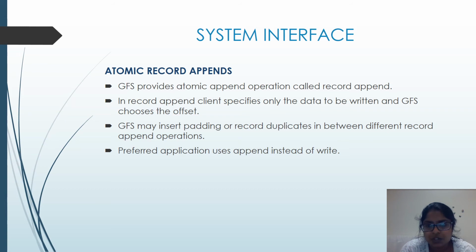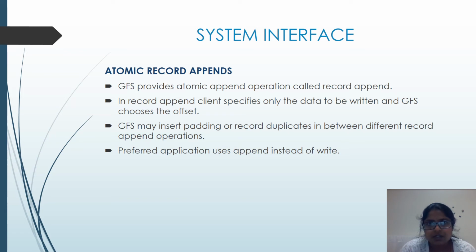Actually, the primary checks during the data appending operation whether the append is done within the regular size of a chunk.